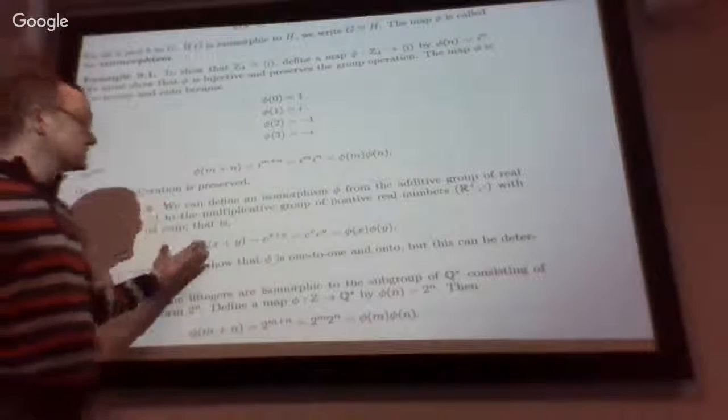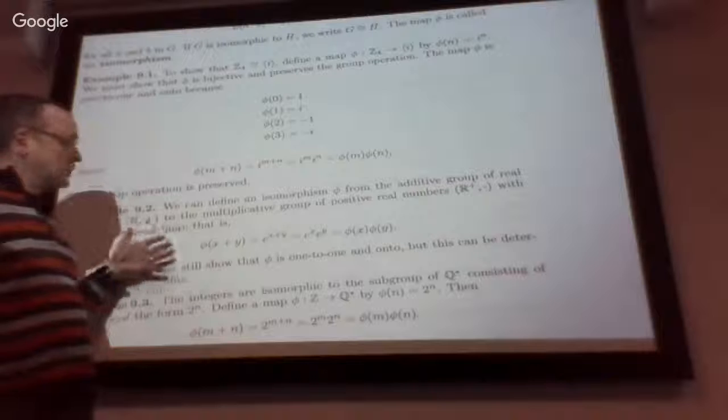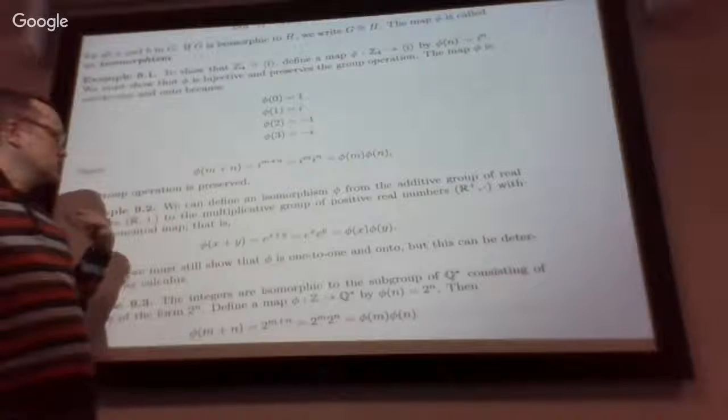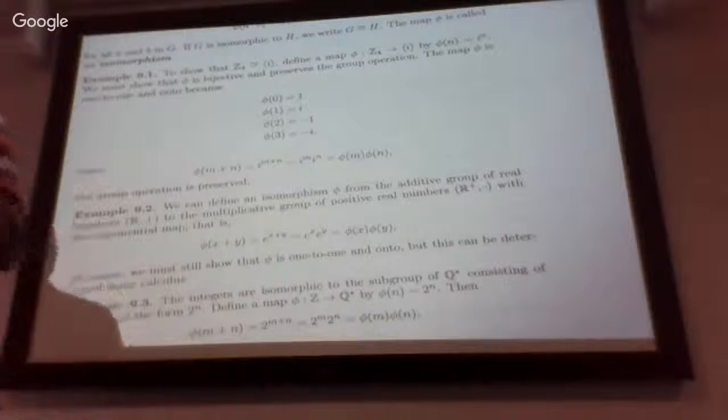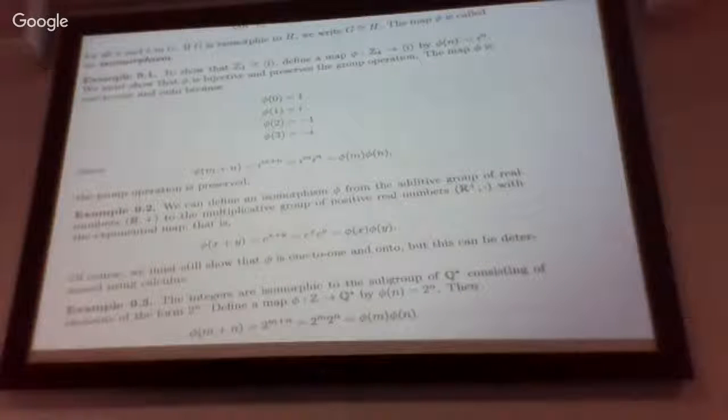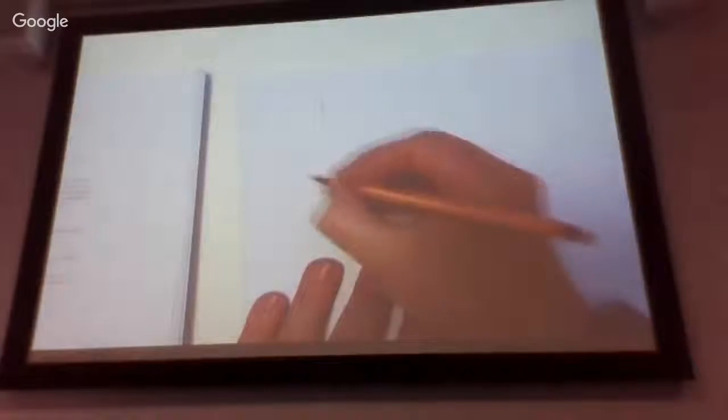The reason it's an isomorphism: well, it's certainly a bijection. The fact that it's a bijection comes from properties of the exponential. It's one-to-one and onto. You can appreciate that when you think about what the graph of the exponential function is.